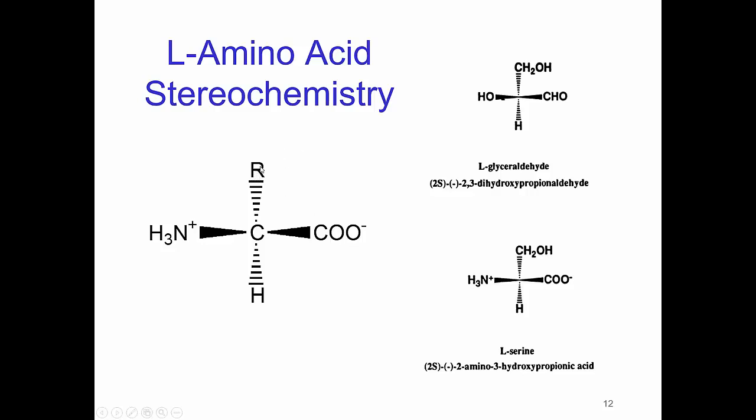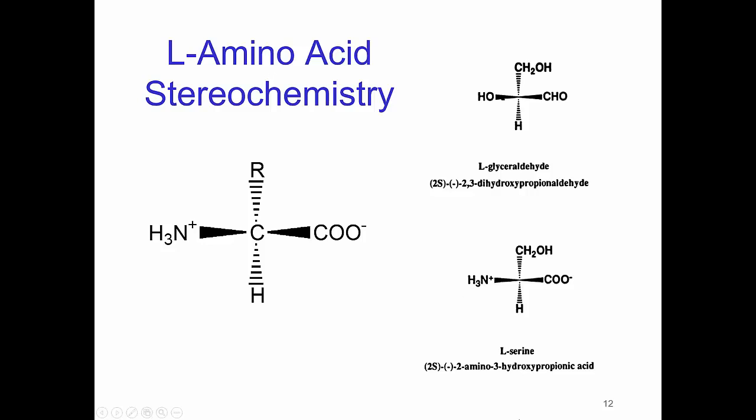Sulfur has a higher atomic number. So the priority switches, and now it's 1, 2, 3. So in cysteine, our L amino acid, right, is R. That's the only amino acid that has the R configuration. So just be aware of that, we can't say all L amino acids are S. Most of them are, but there is that one exception because of the sulfur.